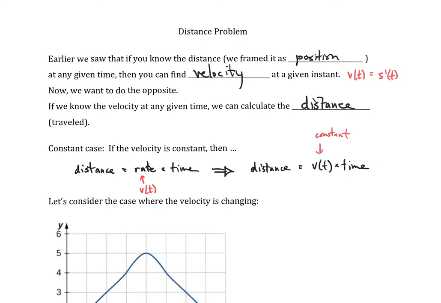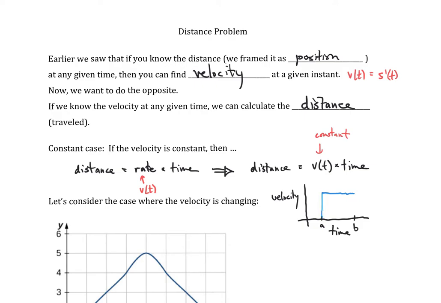So if I were to draw a picture, my picture would look something like this. Okay, here's our axis. We'll have time over here, and velocity over here. We could label a point A here and a point B here. I could have my velocity be a constant function. That just means it's a horizontal line. And if you calculated the velocity, which is a constant in this case, times the time, this would be nothing more than the area of a rectangle, right?